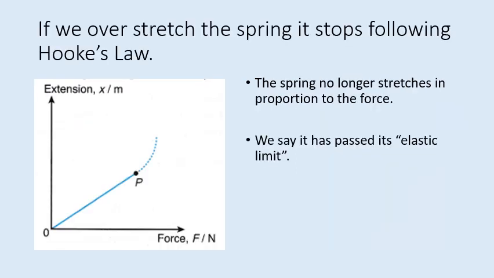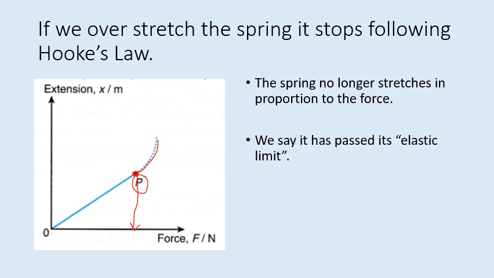This only works up to a certain point. You can see on this graph there's a point labelled P, and that means it's only directly proportional until the force reaches here. Over that point it doesn't stretch in the same straight line anymore, so it's no longer directly proportional.